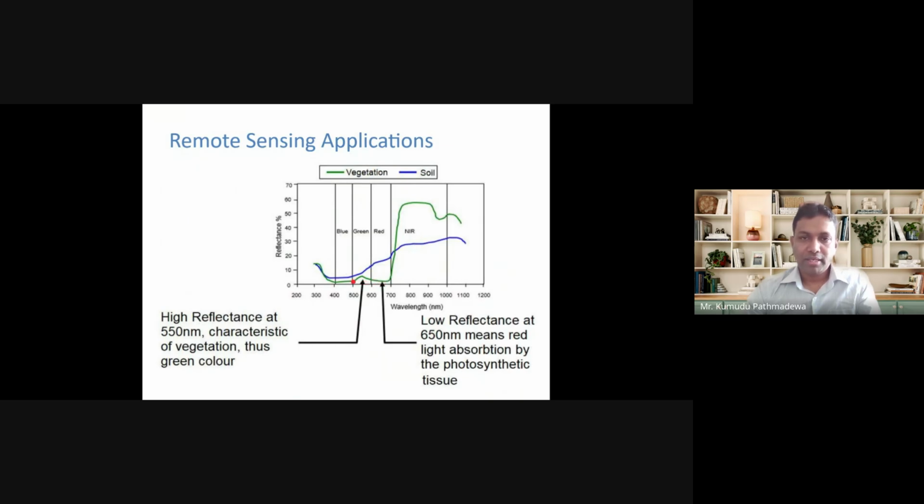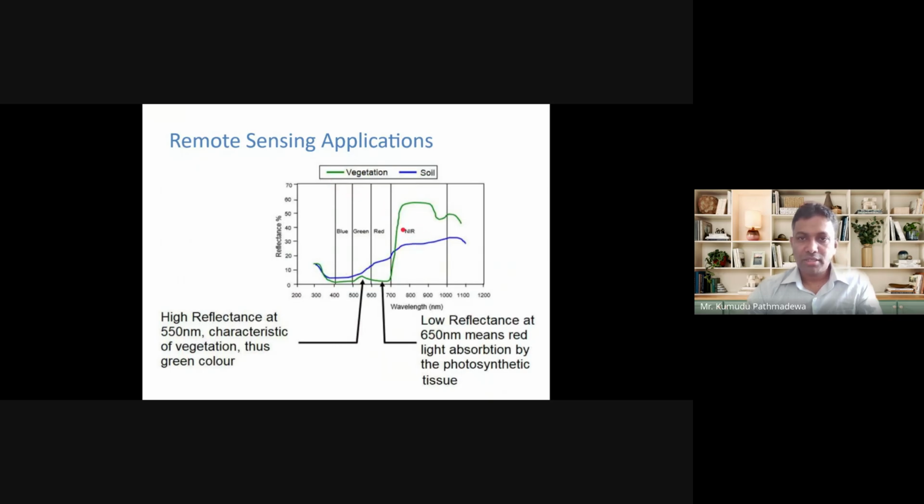Here, green is somewhat sharper. That's why we see vegetation most of the time as green. But compared to this, they reflect much more near infrared wavelength.